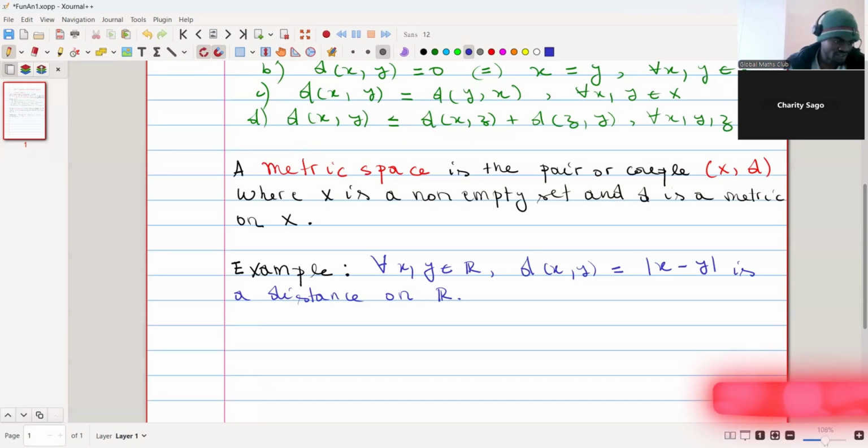I hope that you know that the absolute value is a distance on R. And if you take x and y in C, the set of complex numbers, the modulus is also a distance. The only difference is that x and y will now be complex numbers. So x and y have a real part and an imaginary part. We can prove it.